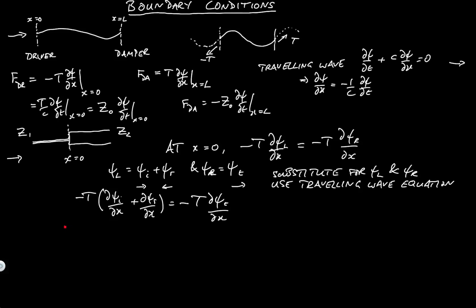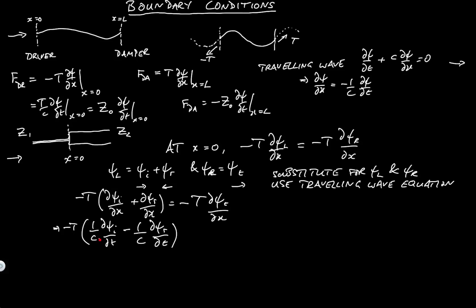Using the travelling wave equation, we find that minus the tension times 1 over c d psi I by dt minus 1 over c d psi r by dt. The minus sign comes because the reflected wave is travelling to the left. And we'll come to what that is equal to in a moment.